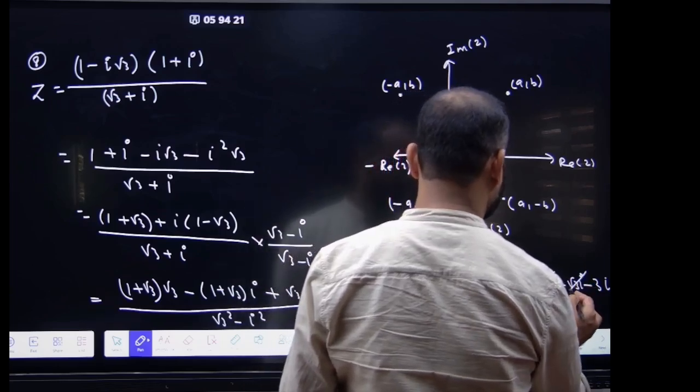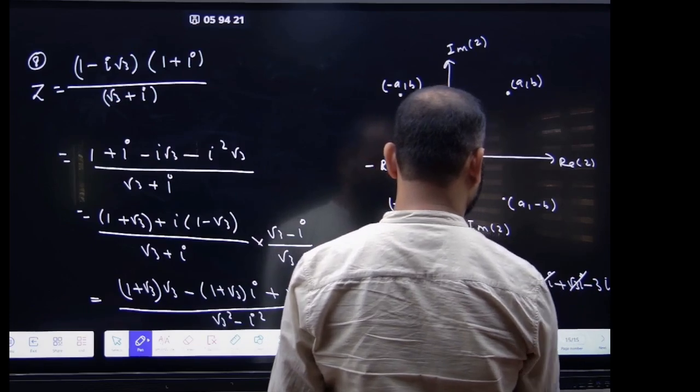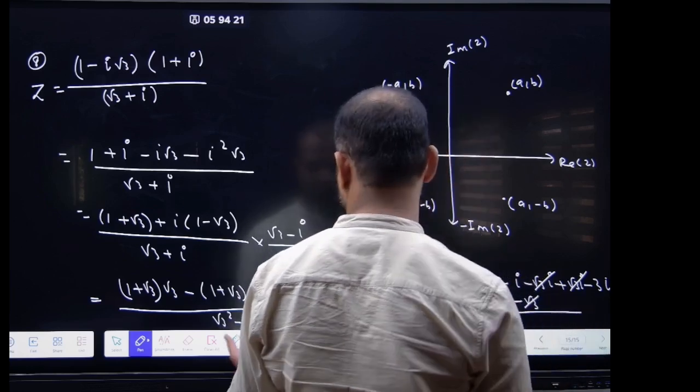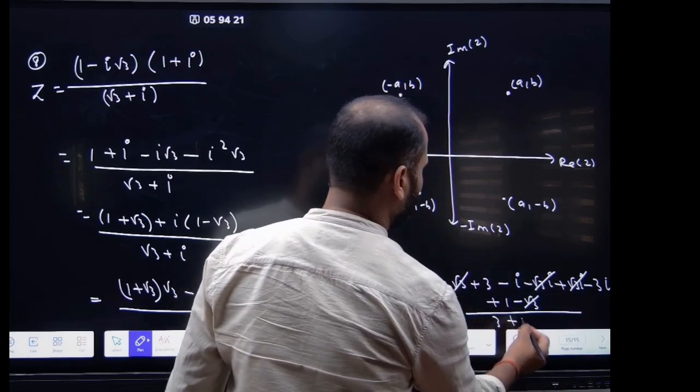So this gets cancelled, root 3 also gets cancelled. Divide by denominator, anyhow a positive number you will get, 3 plus 1.